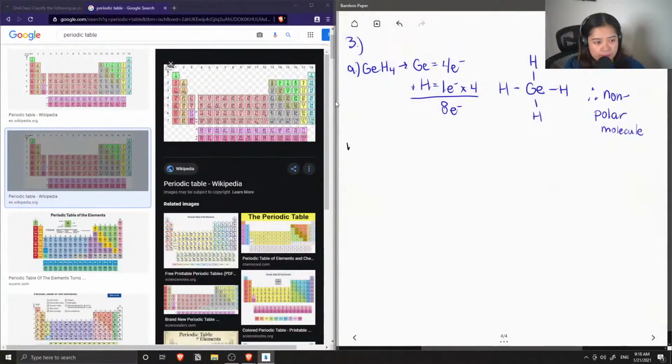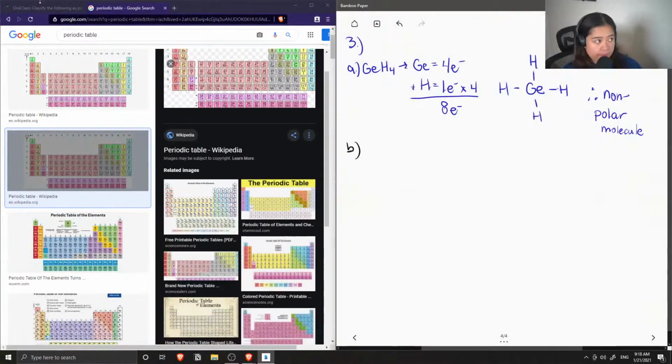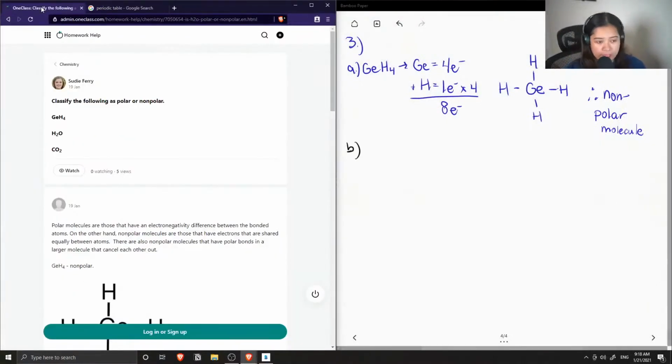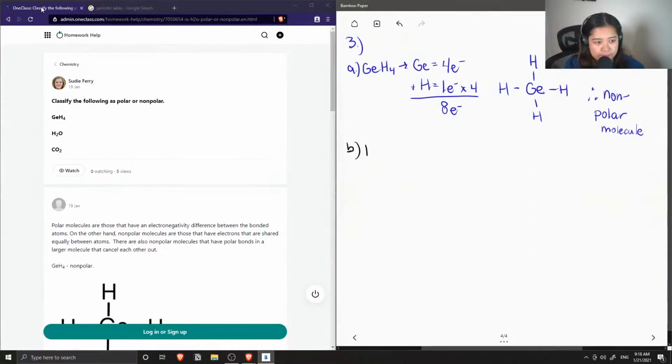Okay, so on to our second compound. We have water, H2O. Again, hydrogen has 1 electron, multiplied by 2. Oxygen has 6 valence electrons. And we get a total of 8.